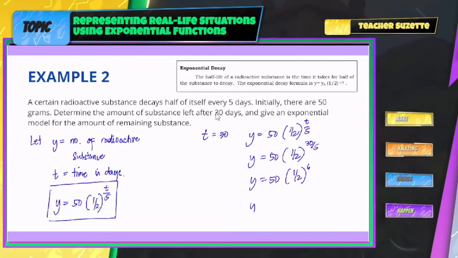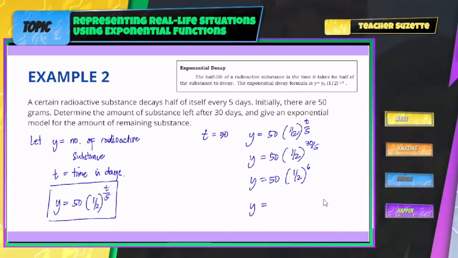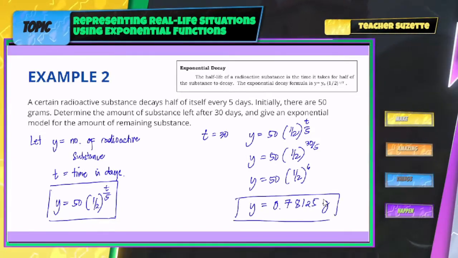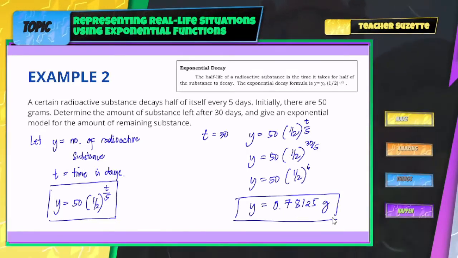Simplify: 50 times 1/2 raised to 6 is equal to 0.78125 grams. So after 30 days, this is all that is left of our radioactive substance.